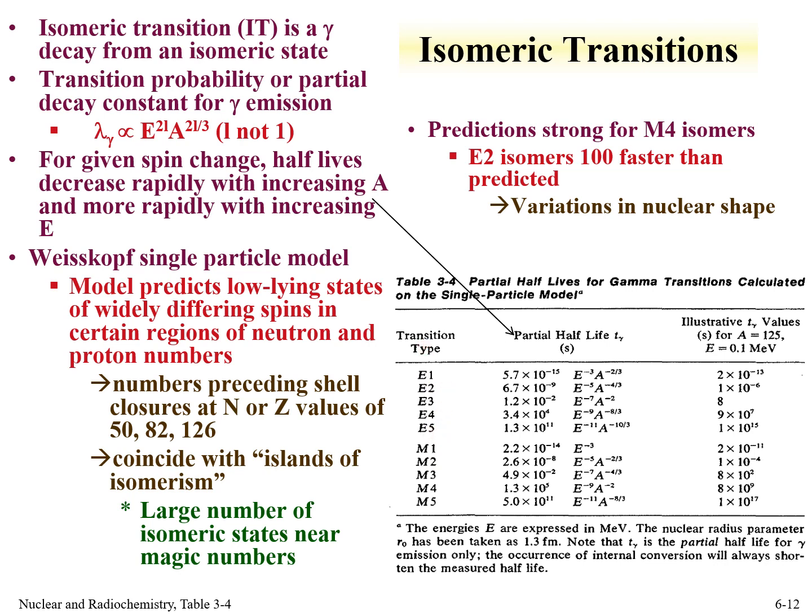We can use these partial half-life calculations to estimate the expected gamma transitions based upon, in this case, an A of 125 and an energy of 0.1 MeV. This is in seconds, and we see for these allowed transitions we have very short-lived states. E1 is 10 to the minus 13, and M1 is 10 to the minus 11.